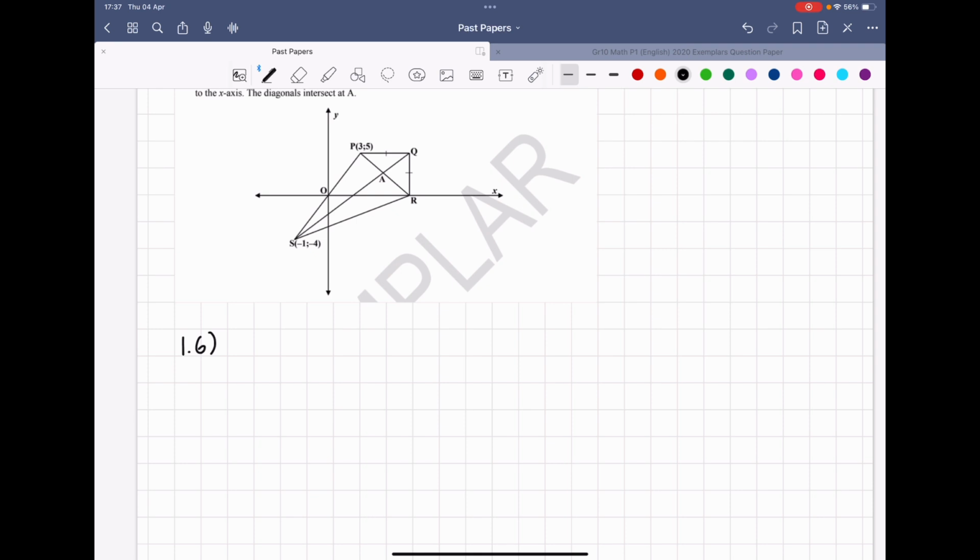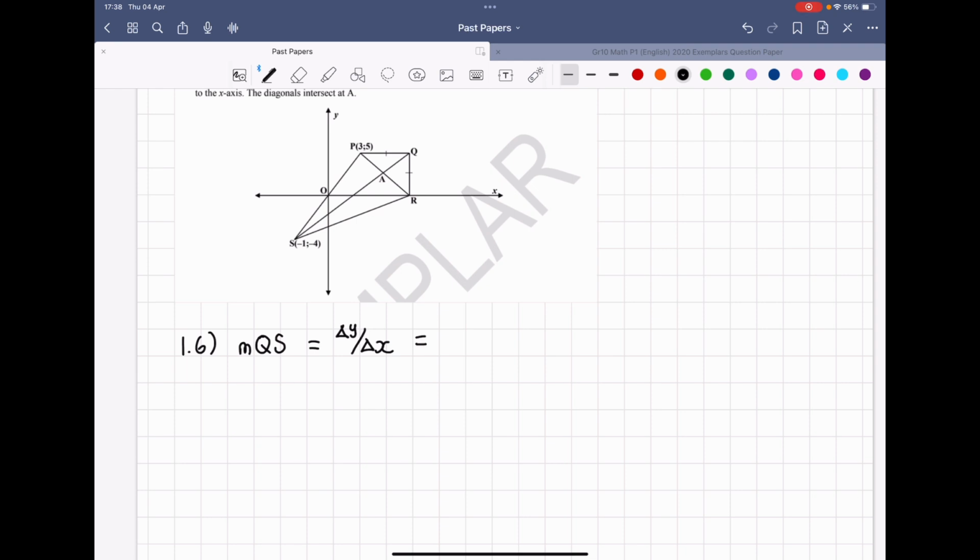We're asked to show that PR is perpendicular to QS, and we can do that by comparing the gradients, because we know that the gradients of perpendicular lines are the negative inverse of each other. So let's first find the gradient of QS. So MQS is the rise over run, so it's going to be the change in y over the change in x.